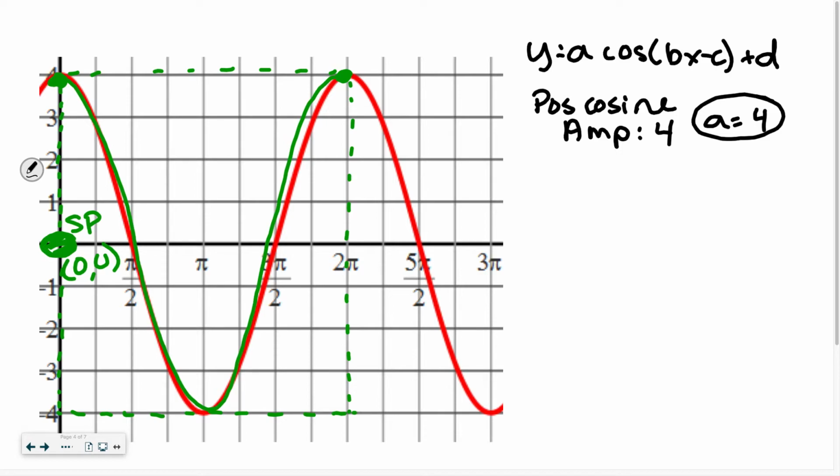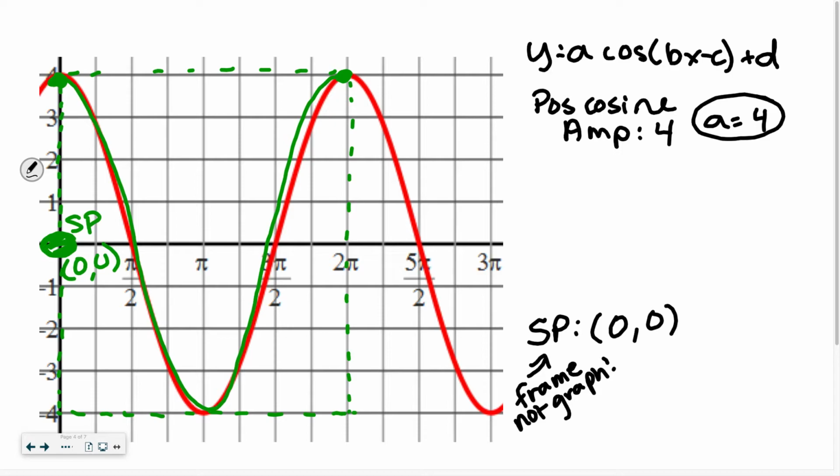I'm going to skip b for a second, and jump down to the starting point. You might want to make a note to yourself: whenever we talk about starting point, we are talking about the frame, not the graph. So the starting point for the frame was 0, 0, which is supposed to be my c over b comma d.